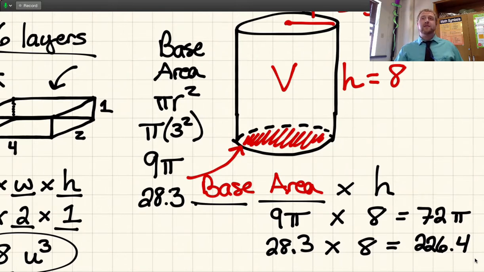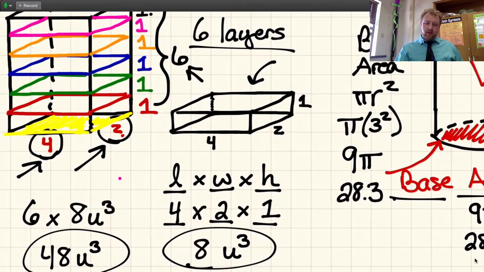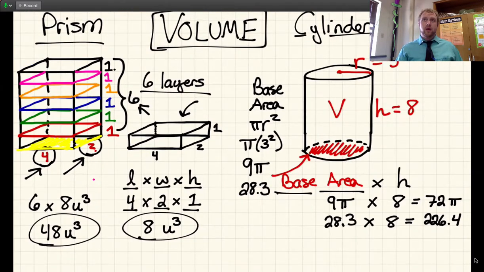Now, this is going to be the last thing. Mackenzie Berg, look at the units for my prism. It's units what? Cubed. Very good, and that's a really good word to use. Units cubed. All volume, no matter what object you're looking at, is going to have units cubed.